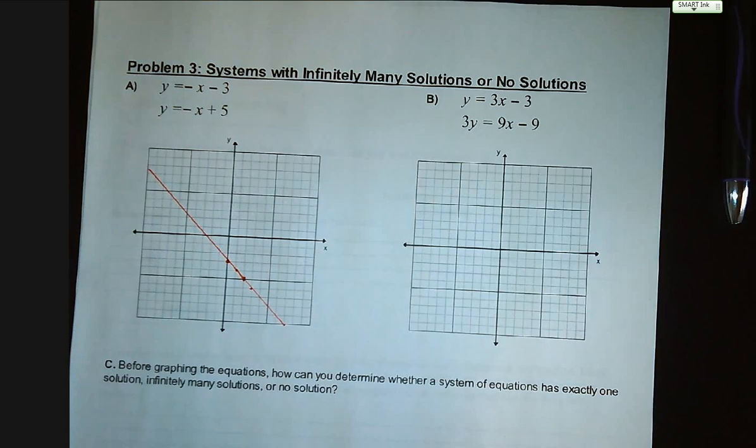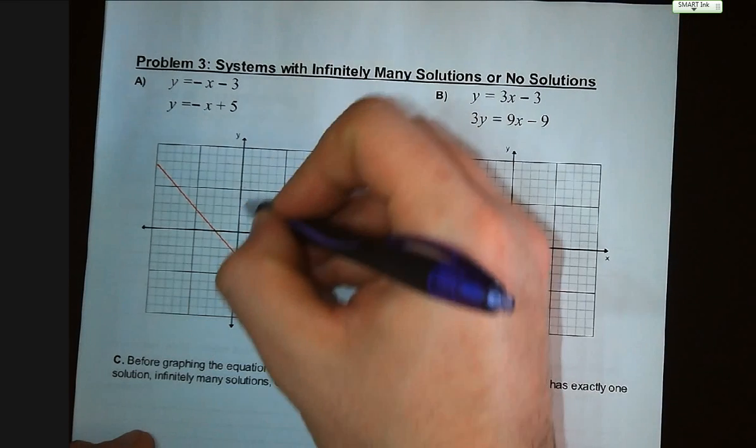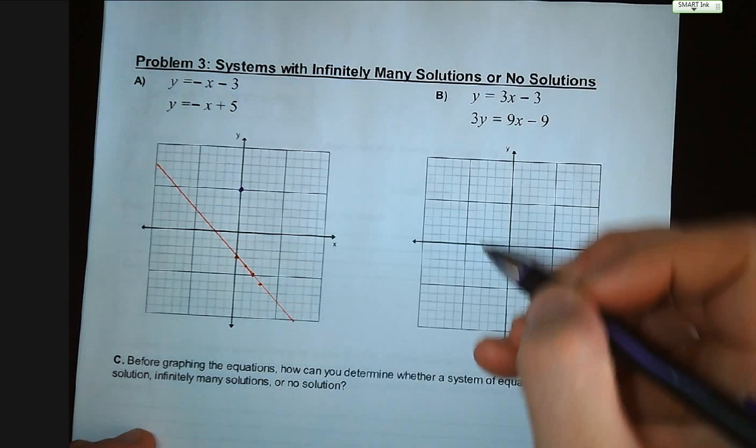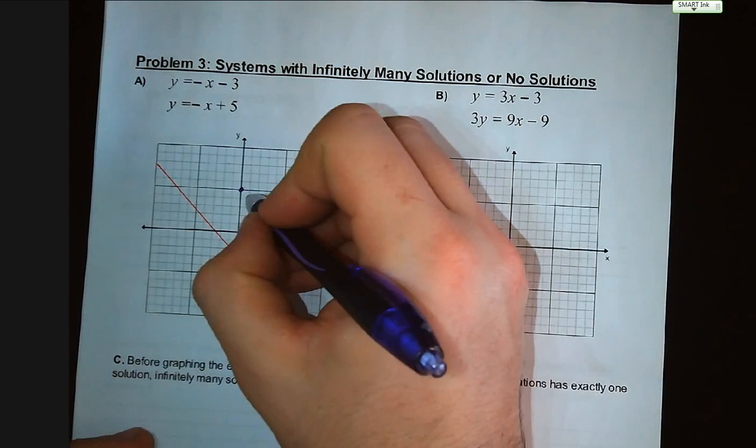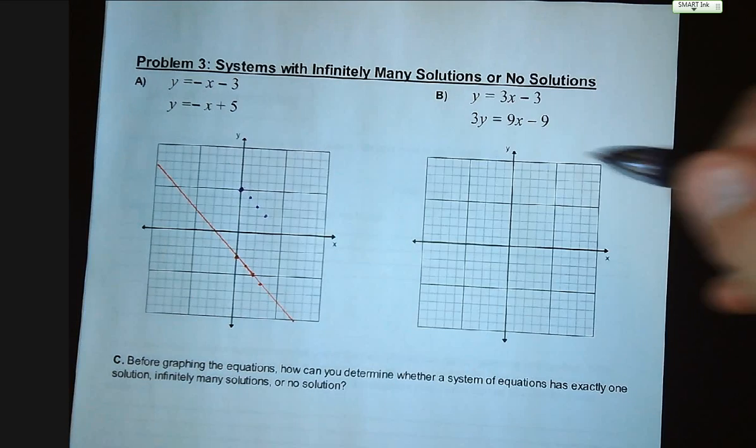And our other line, we have a y-intercept of 5, and a slope of negative 1, so we're going down 1 and to the right 1 each time.